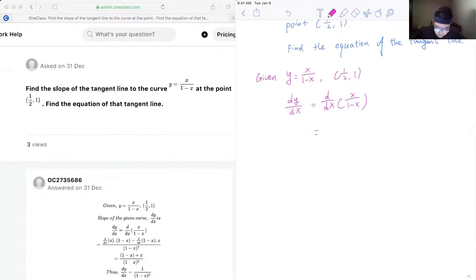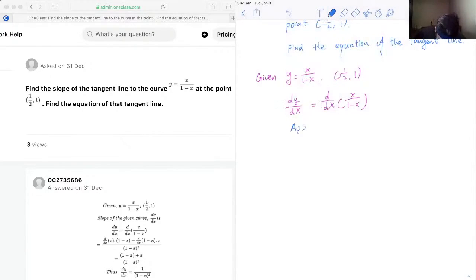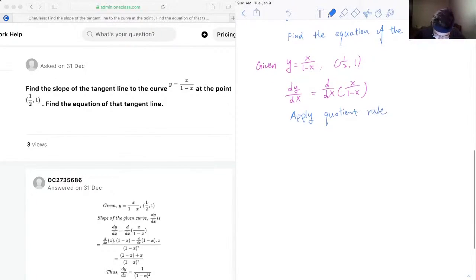And from the Quotient Rule, we apply it over here. We will have the derivative of x times 1 minus x, minus the derivative of 1 minus x times x, over 1 minus x squared.